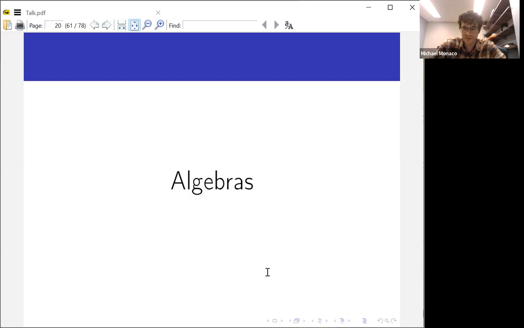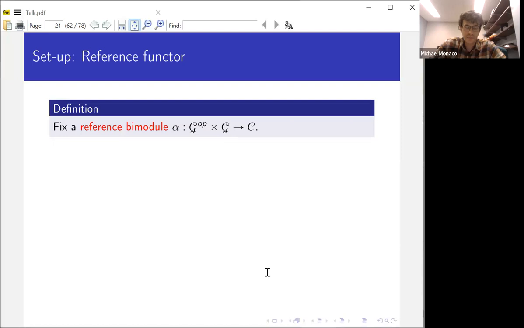Okay. So now we can talk a little bit about algebras. For any notion of algebra, you have to specify where the algebra lives, right? You can have an algebra in vector spaces or an algebra in topological spaces. This is the role of the reference bimodule in this context.